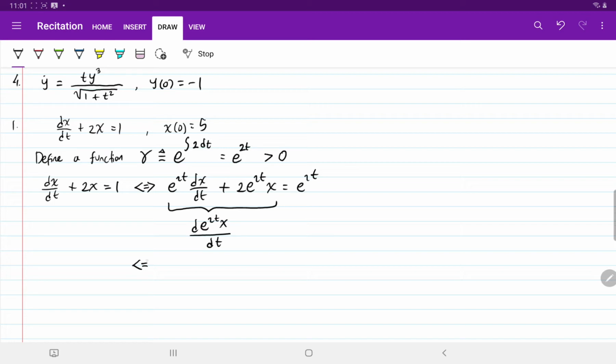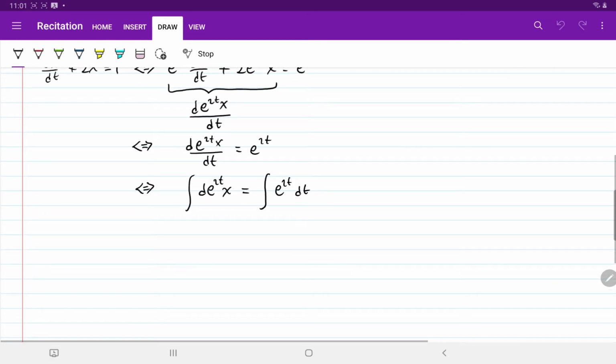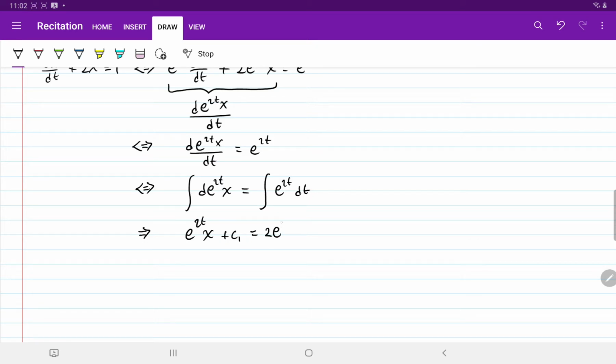So we have d(e^(2t) x)/dt = e^(2t), and then we integrate both sides: the integral of d(e^(2t) x) equals the integral of e^(2t) dt. Solving the integral, the left side is e^(2t) x plus some constant c1, and the right side is (1/2)e^(2t) plus c2.